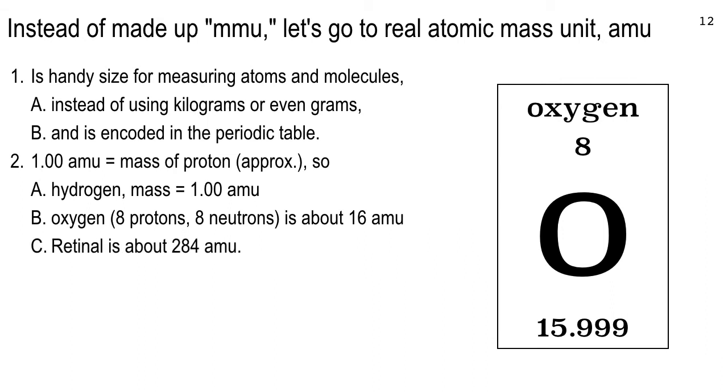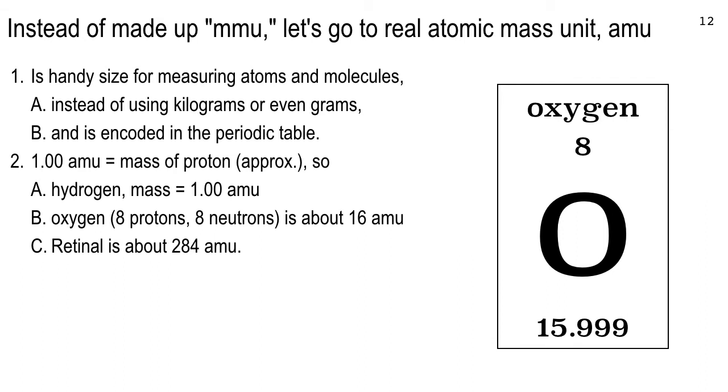Now go ahead and write that down. Retinal's got a whole ton of atoms, and it's got a bunch of protons in each atom, and a bunch of neutrons in each atom. And in an atom, most of the mass is in the protons and neutrons in the nucleus.